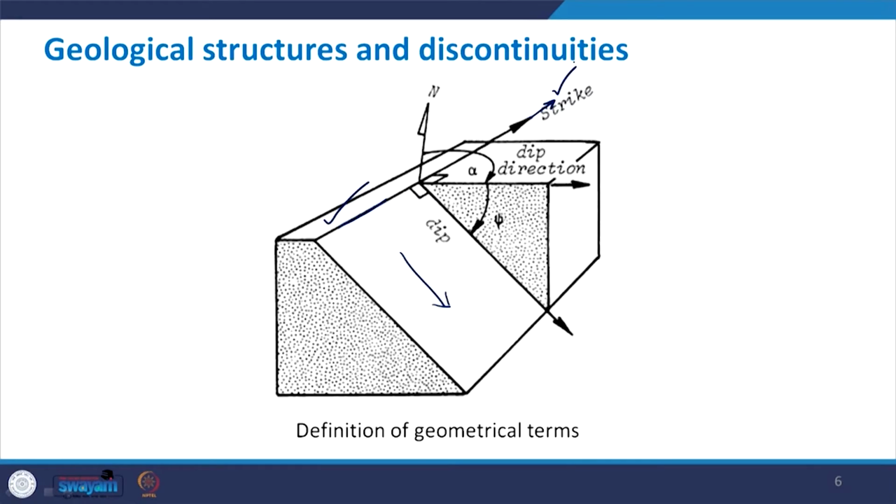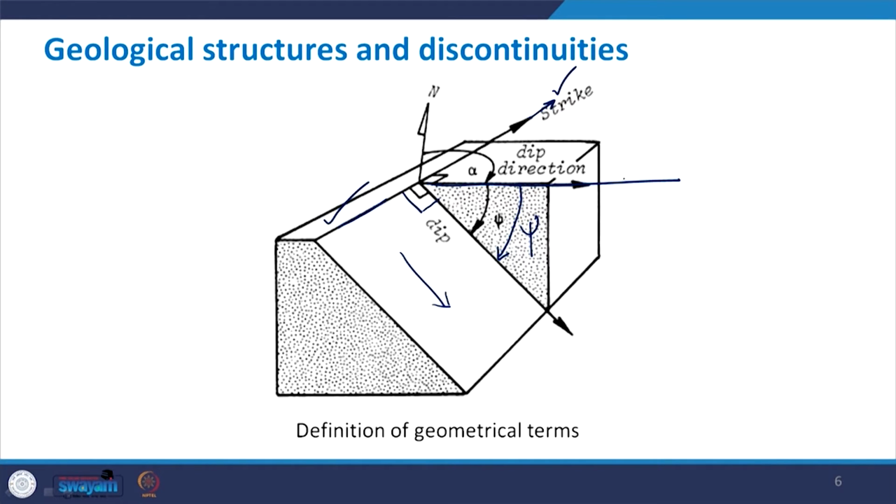Then perpendicular to the strike, that is this. Horizontal trace of the line, that is this. Whatever is the angle in the clockwise direction, that means this. This is going to be angle psi, which is dip.